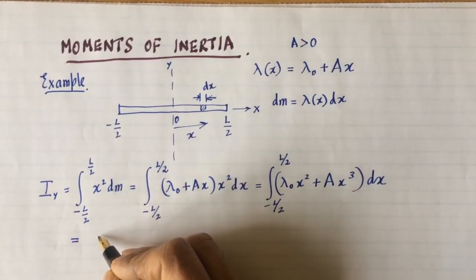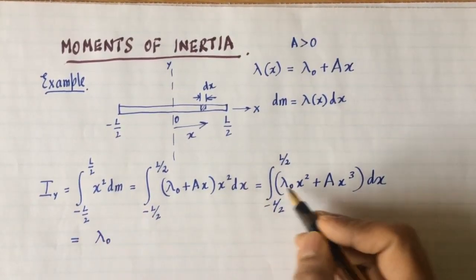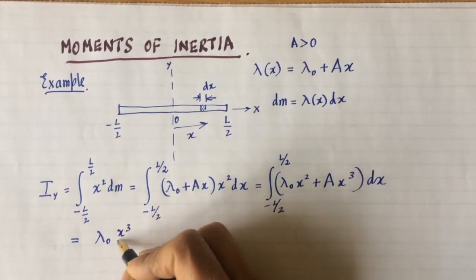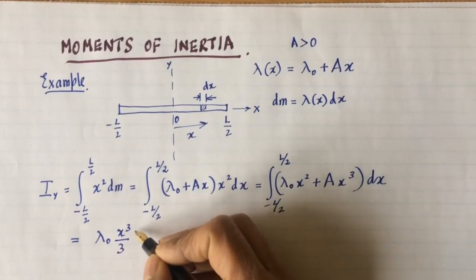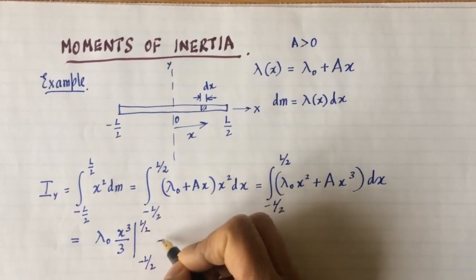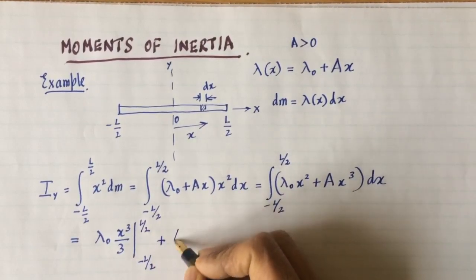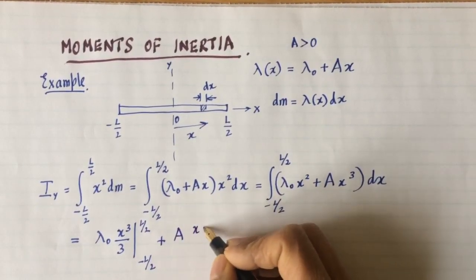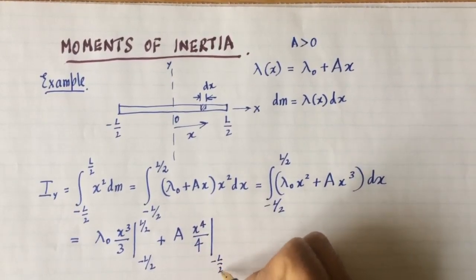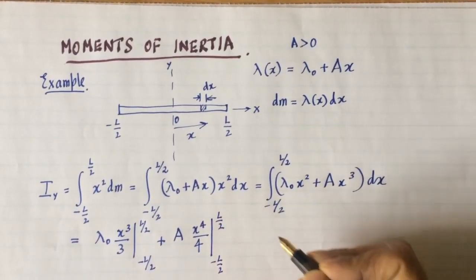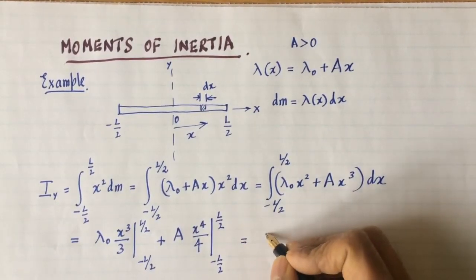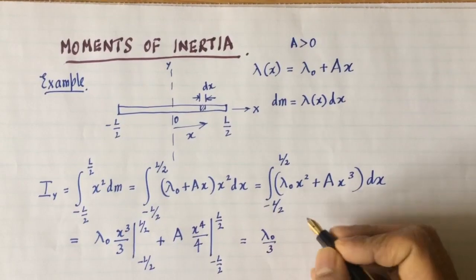So in the first case it's just lambda naught, which is a constant, and the integral of x squared is x cubed over 3 with the limits minus L over 2 and L over 2, and the second term would be the constant a times x to the 4 over 4. These limits can then be evaluated, so I get lambda naught over 3.